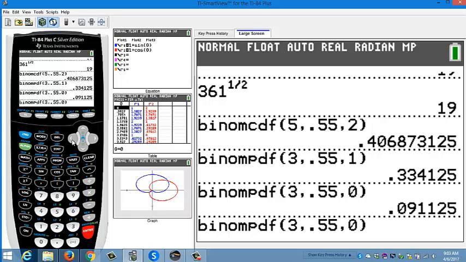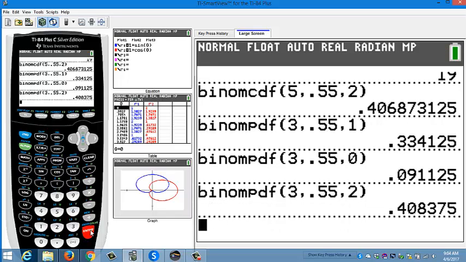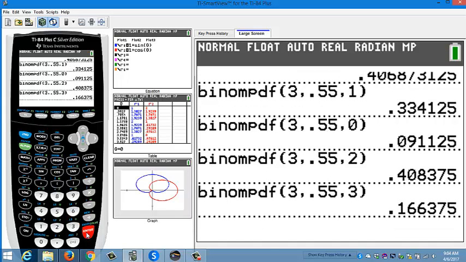What was the number with 2 wins? 0.4084, because I'd have to round. See, I would round that up to 41% if I were just doing 2 digits. And to finish the chart, we got to change that 2 to a 3. I just want to get good results, so I want to round carefully. 0.1664.